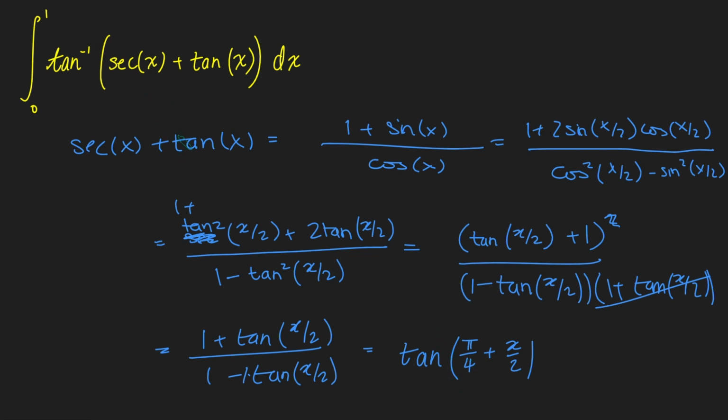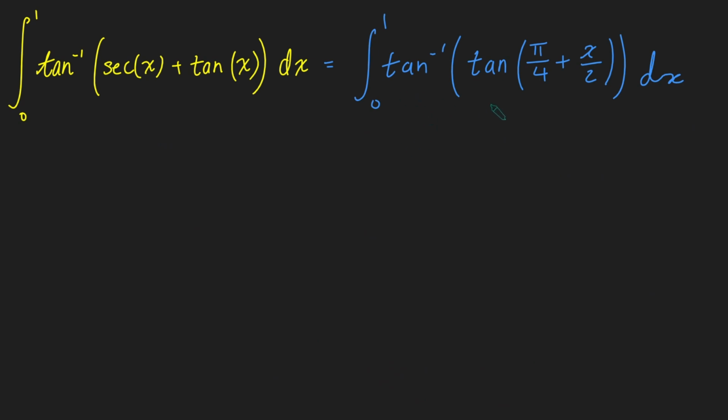And now we can see how that's going to help us up here. But we've got to check, of course, when we do inverse tan and tan, before we cancel them out, we do just have to think about the value inside the brackets here. So before we just cancel the inverse tan and the tan, pi over 4 plus x over 2, well, x is between 0 and 1, so x over 2 is going to be between 0 and 0.5.